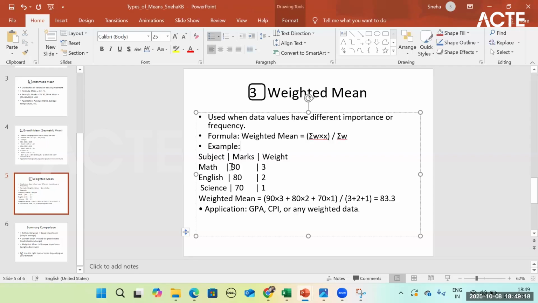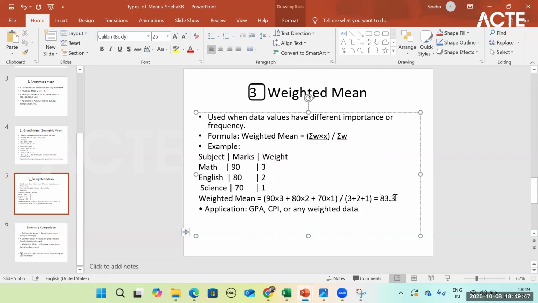So over here maths will carry 3 weightage, English will carry 2 weightage, and science will carry 1. How it is calculated is 90 into 3, that is marks into weight, marks into weight, marks into weight, divided by the sum of the weights.